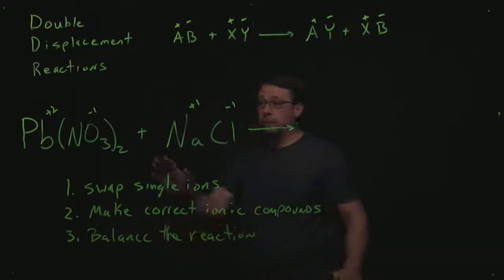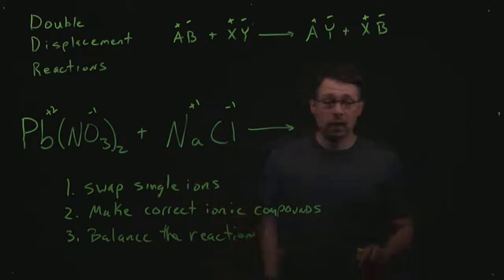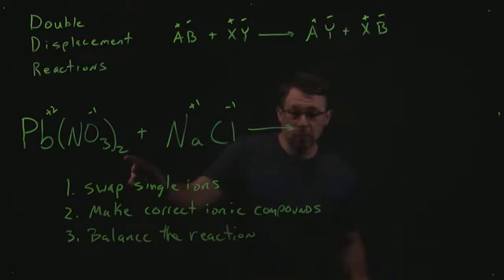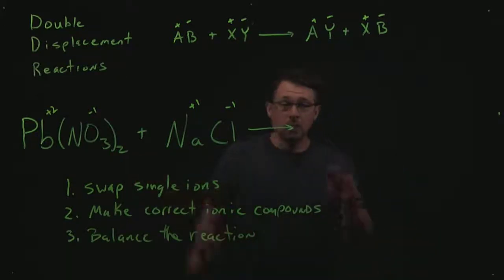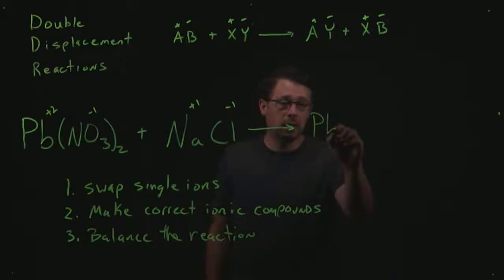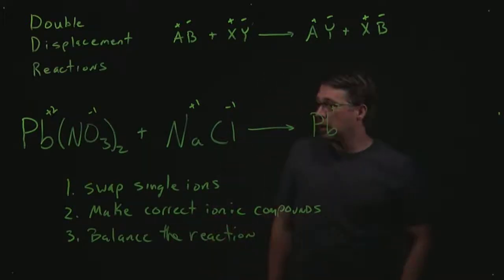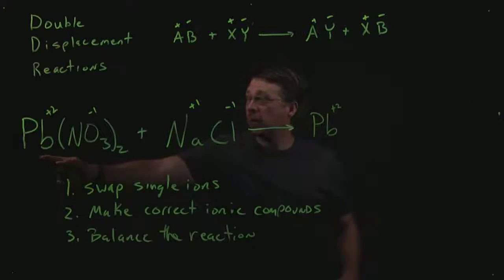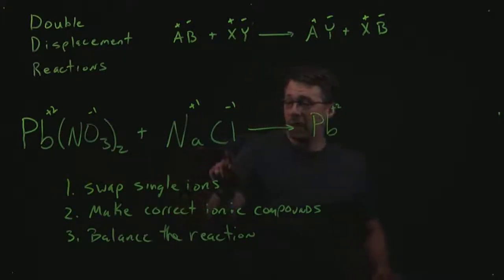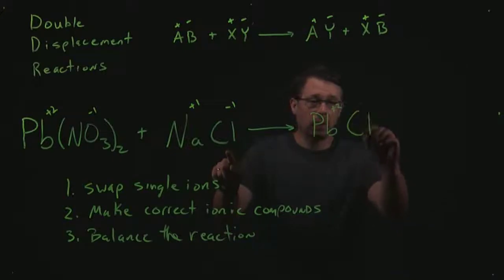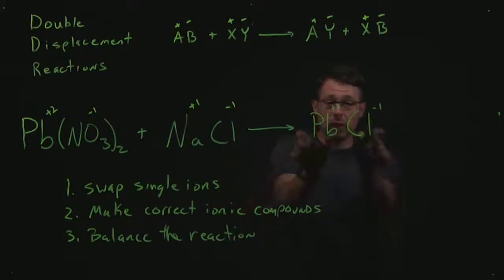So, first thing I'm going to do is swap single ions. What that means is I'm going to ignore this 2 in this case. So I'm going to take the Pb, which I'm going to put its charge up here, and I'm going to take the cation from this compound and the anion from this compound. So I'm going to write these, just swapping single ions.